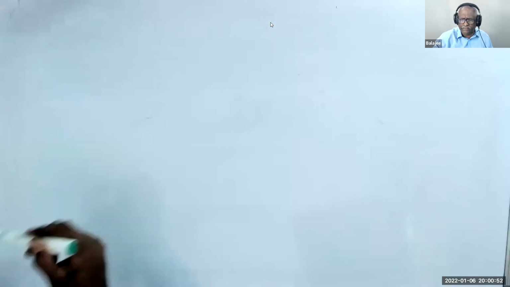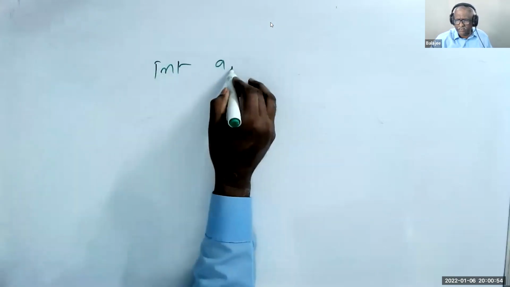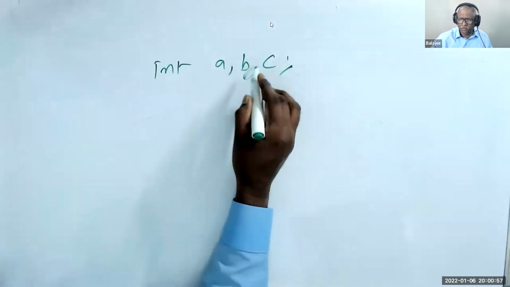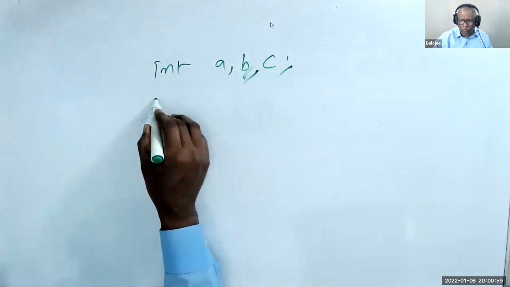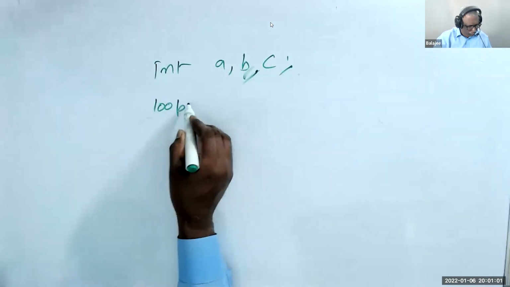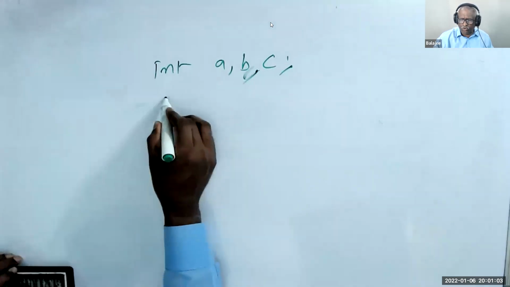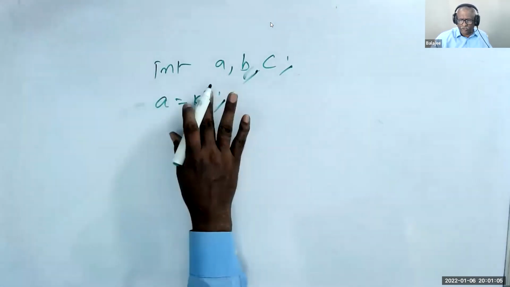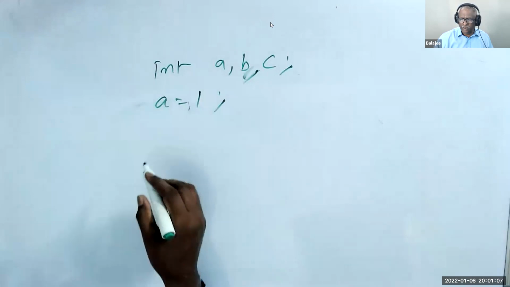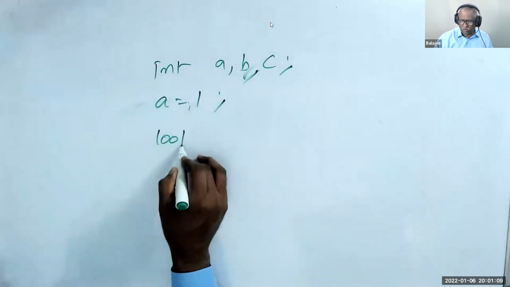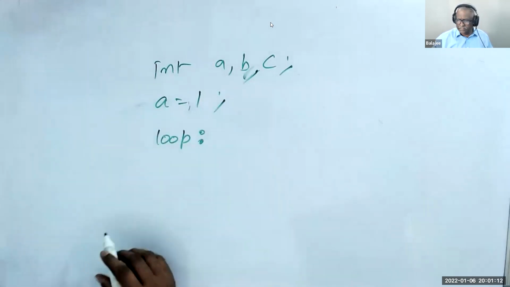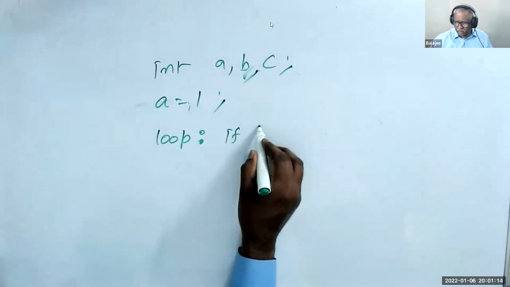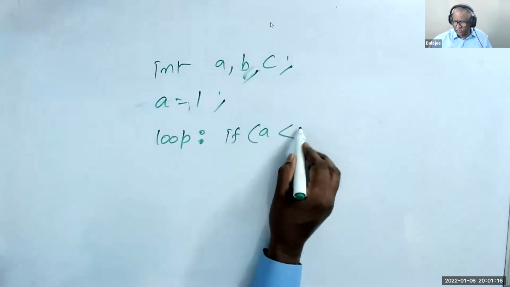For example, I say int A, B, C. I say a label called loop. A is equal to 1. I say loop, then I check if A is less than 10.